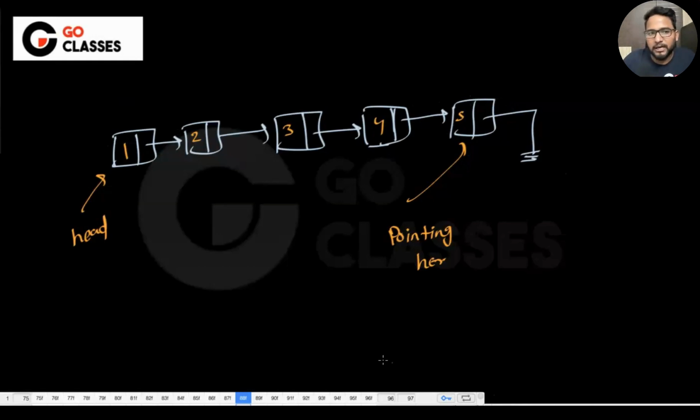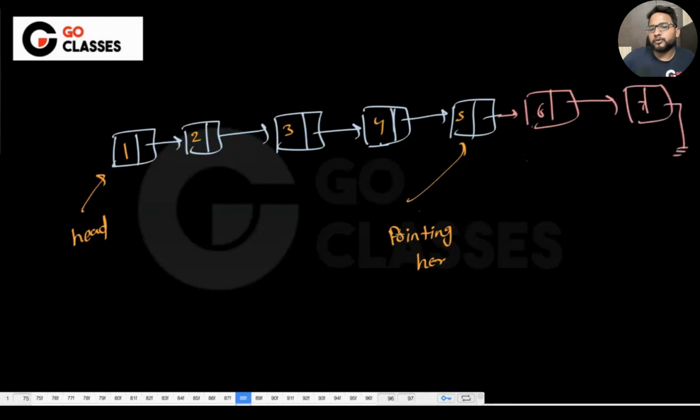So basically, in general, let's suppose that you are having this thing. Let's suppose this is not the last element. Let's suppose in general I want to make 1 point. Let's suppose this is 6. Suppose you are pointing here. Can you delete this 5?